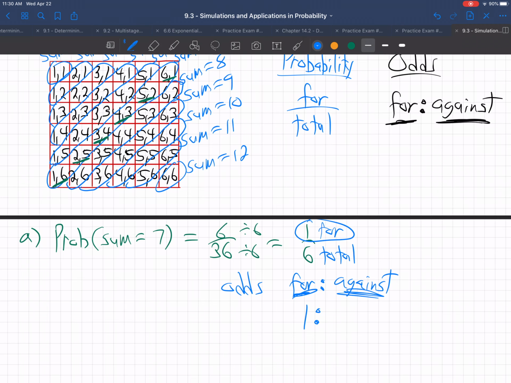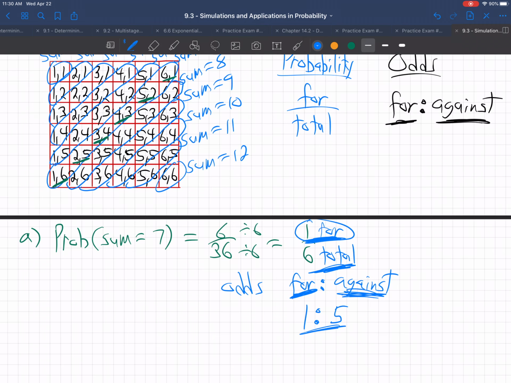See how the top of probability and the beginning of odds are exactly the same. They're both for. So that starts the same. The only difference is the second number. Instead of total, it becomes against. So if there's one person for something out of 6 total, how many are against it? Must be 5, huh? And that's the answer to part A, 1:5.